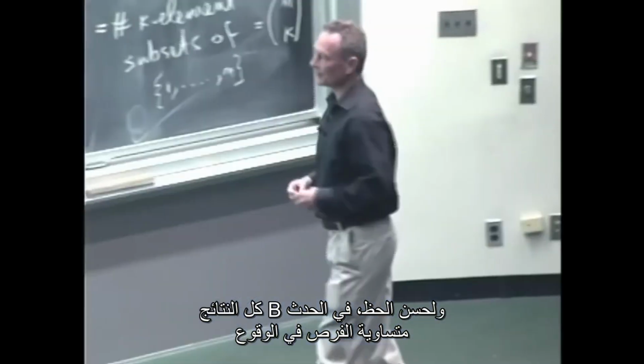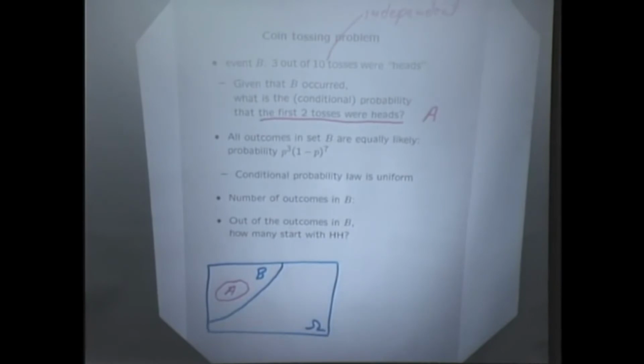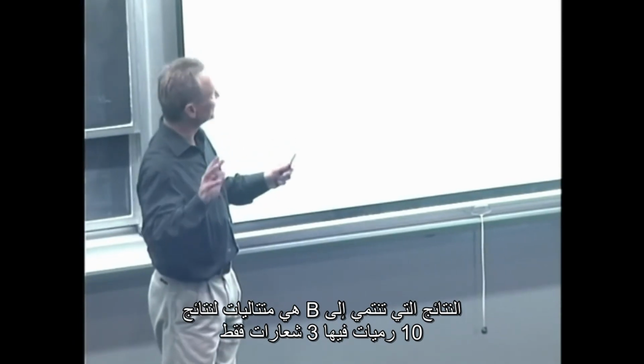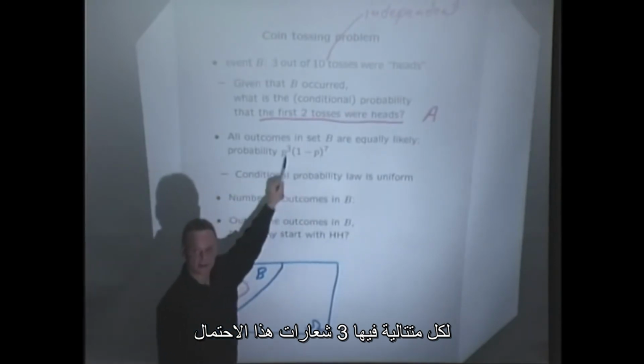Now here's the lucky thing. Inside the event B, all outcomes are equally likely. The outcomes inside B are the sequences of 10 tosses that have exactly 3 heads. Every 3-head sequence has this probability. So the elements of B are equally likely with each other.